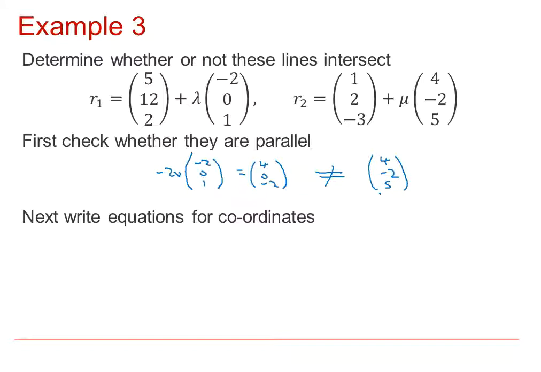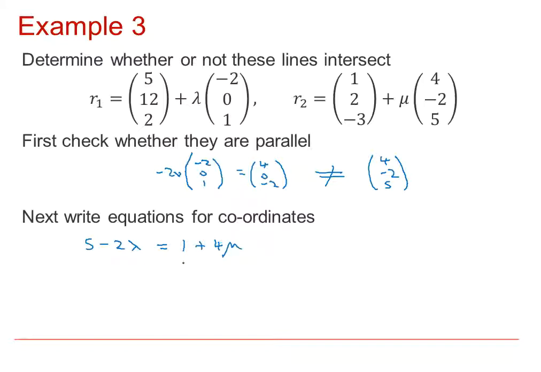If these lines are not parallel, then there are only two options left. They either intersect at a single point, or they are skew to each other. So now we can write down the equations of the corresponding coordinates. The x coordinates would be 5 minus 2 lambda, and that would need to match 1 plus 4 mu.